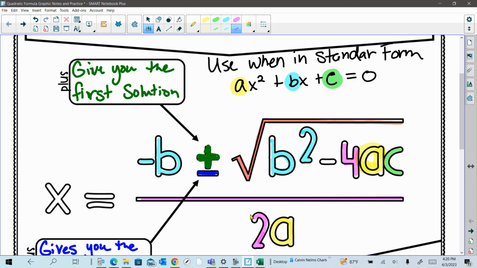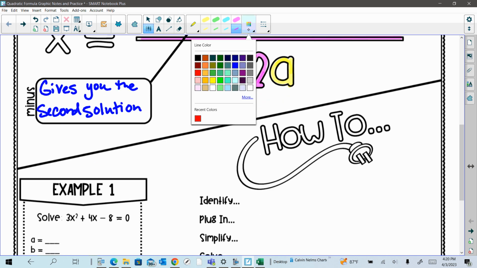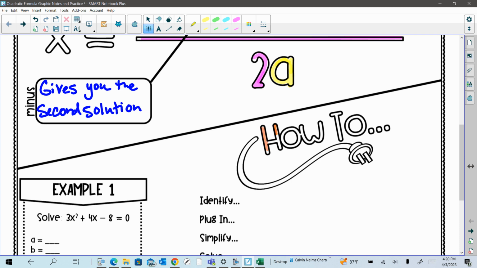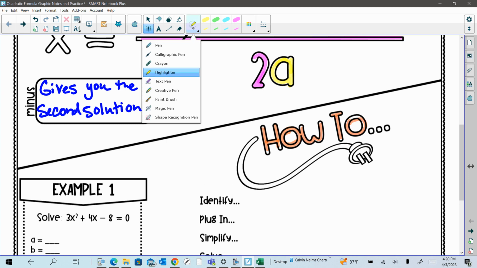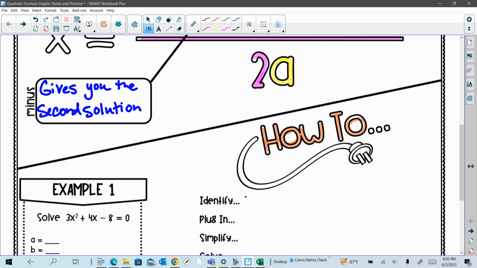So how does this work down here? How do we use this? Well, the first thing we do is we identify, or ID, the parts in the quadratic equation.